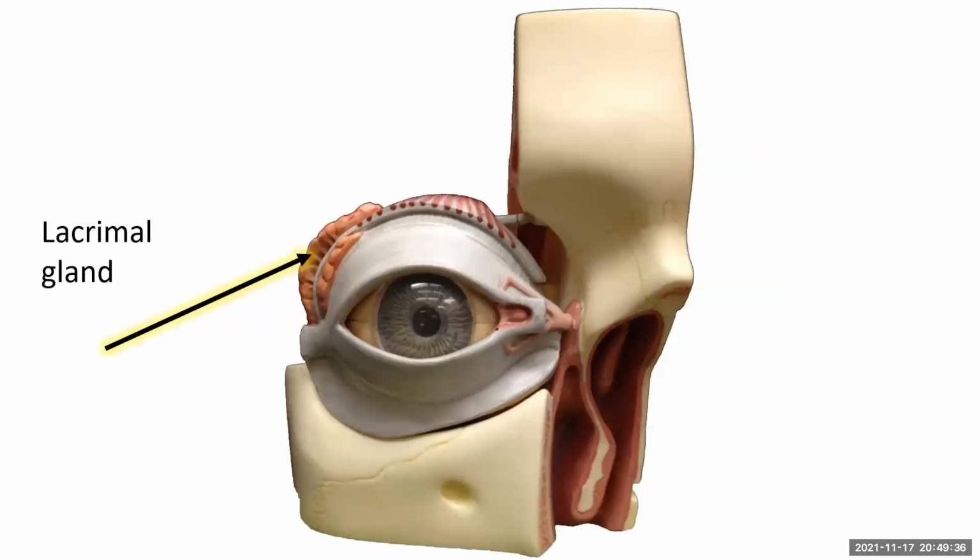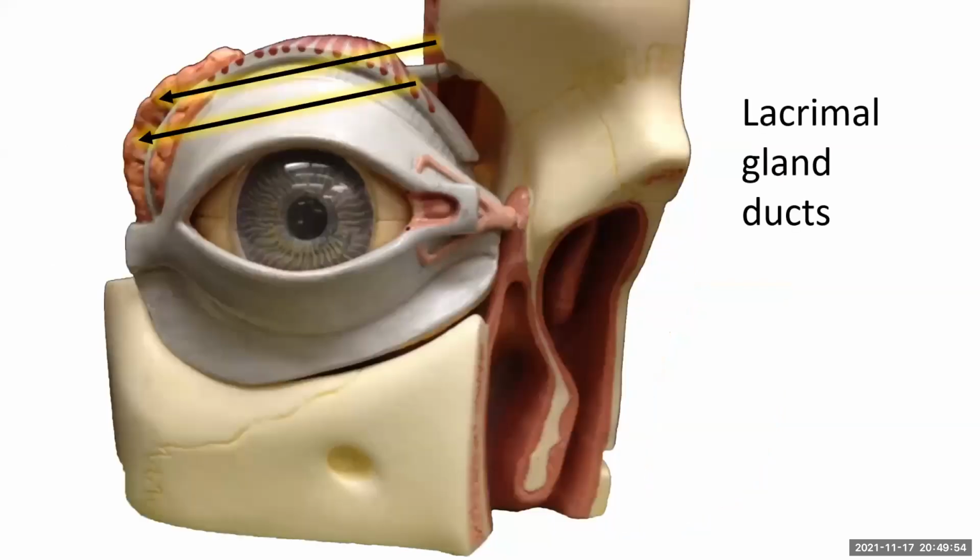There's our lacrimal gland sitting on the superior lateral portion of your eye. That's going to be producing the lacrimal fluid, which is going to help clean, lubricate and nourish the eye and protect it from all the bad things. So that's the lacrimal gland. Then you can see the lacrimal ducts.